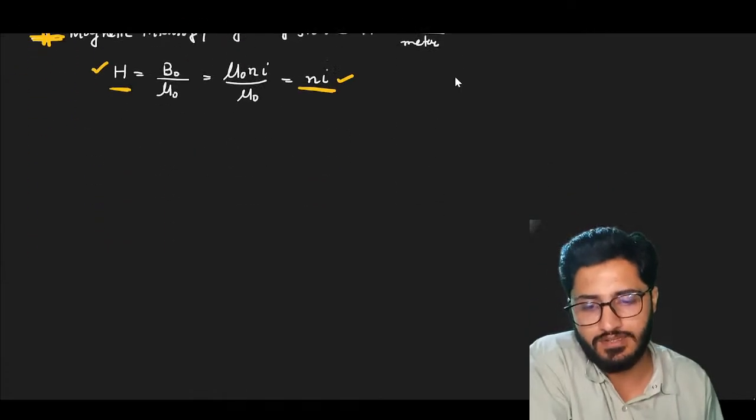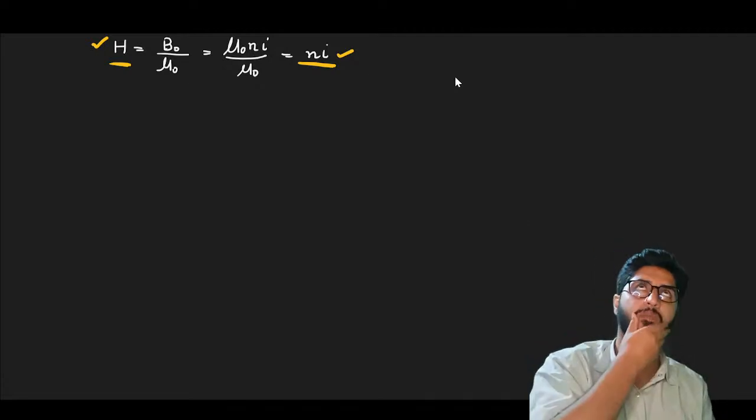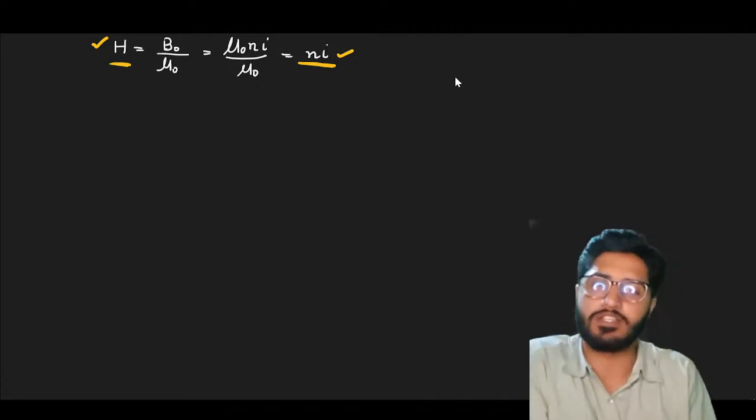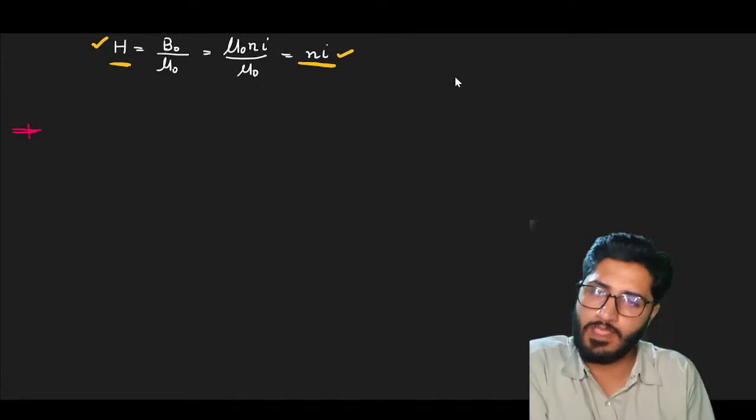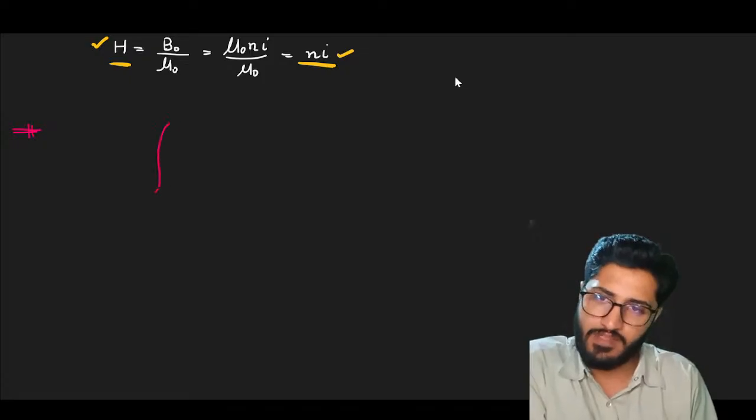Now let us do one thing. We have a solenoid. This is my solenoid, and inside the solenoid, current is flowing.